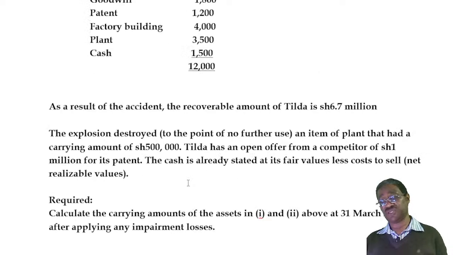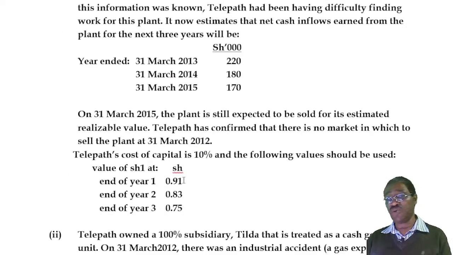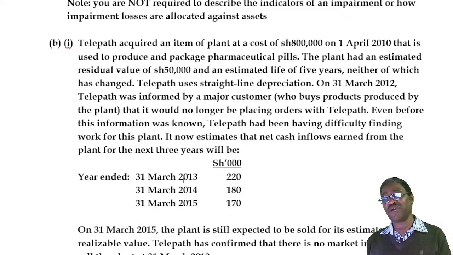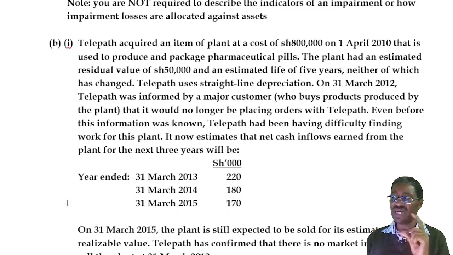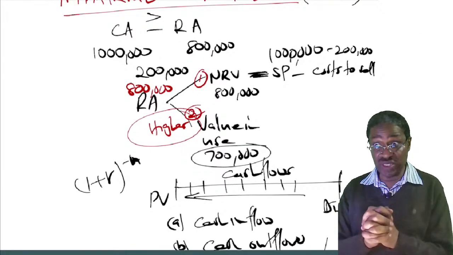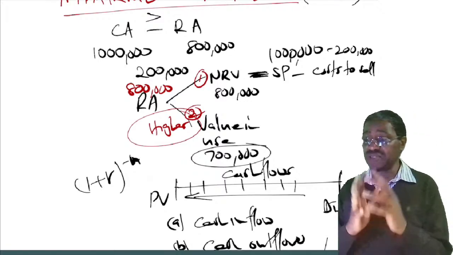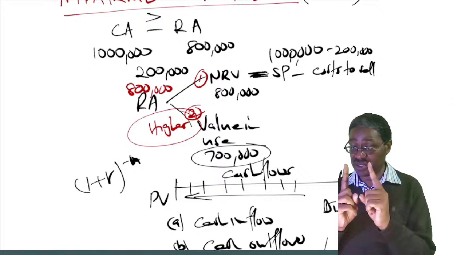Okay. So number B1, now I'm going back. They are testing for impairment of a particular asset. Number B2, they are testing for impairment of a cash generating unit. So B1, they are testing you on impairment of an individual asset.